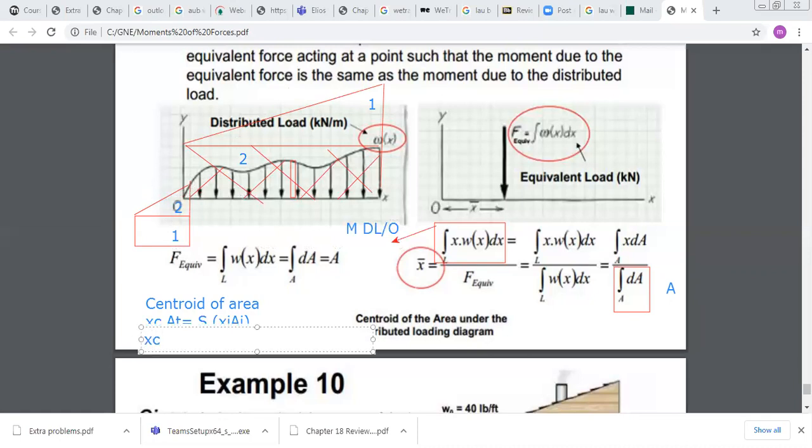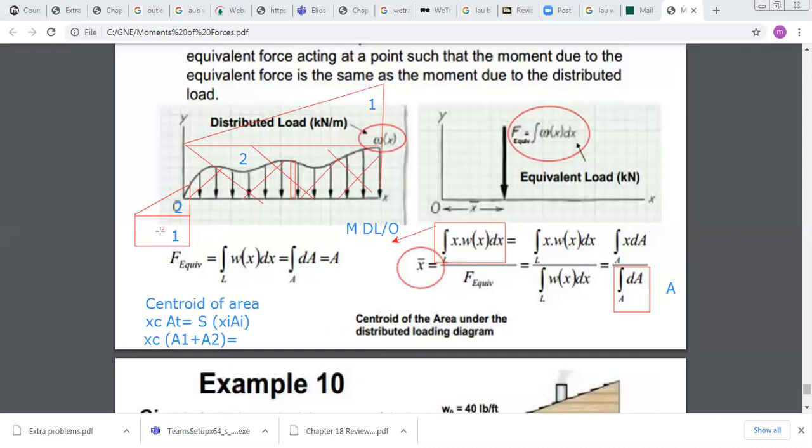You should do x centroid times total area. What is the total area in this example? It's A1 plus A2. Now for each geometry, I find x of its centroid. You know that for a rectangle, the centroid is at the center.